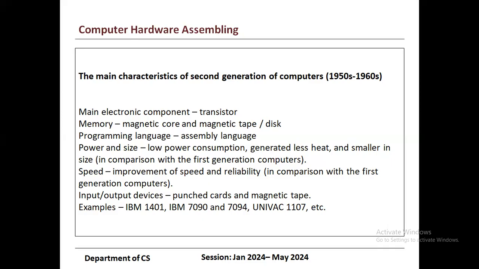On the other hand, the second generation provided better speed and improved accuracy. Computers developed in this generation were smaller, more reliable, and capable of using less power. So these are some advantages of the second generation of computers over the first generation. Let's move to the next slide.